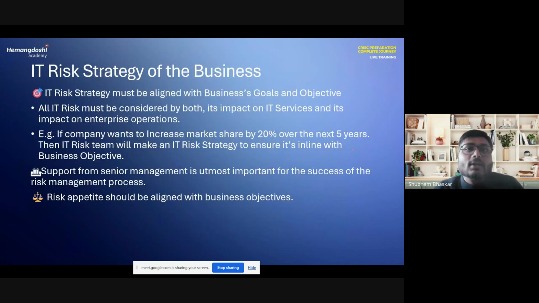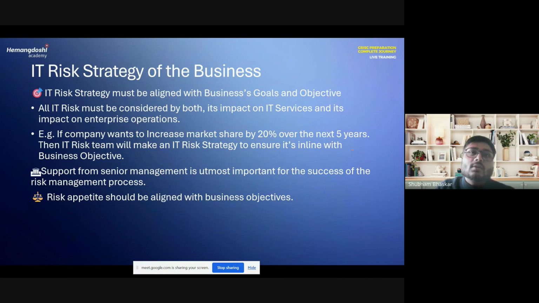So the next section is IT's risk strategy of the business. Whenever you are going to make a risk strategy on how we are going to do the whole risk management that we just discussed, you have to understand that you are like a coach that's supporting the engine. If I can take an example of railway, all the coaches go in the same direction as the engine goes.